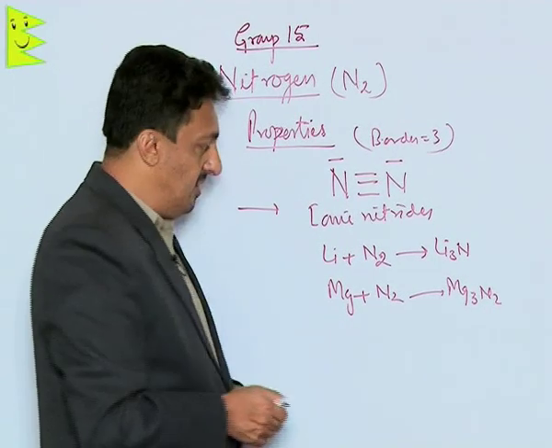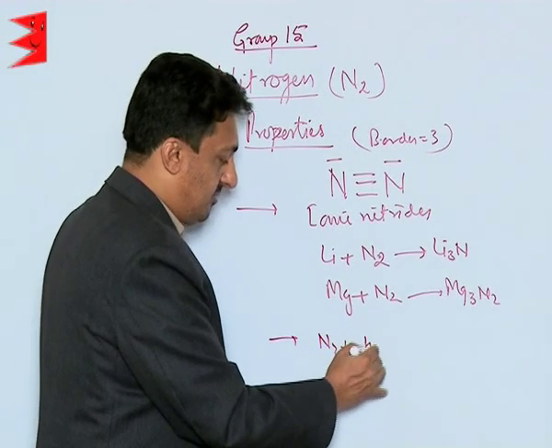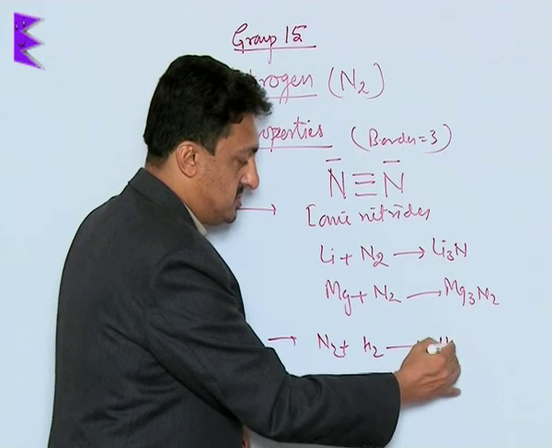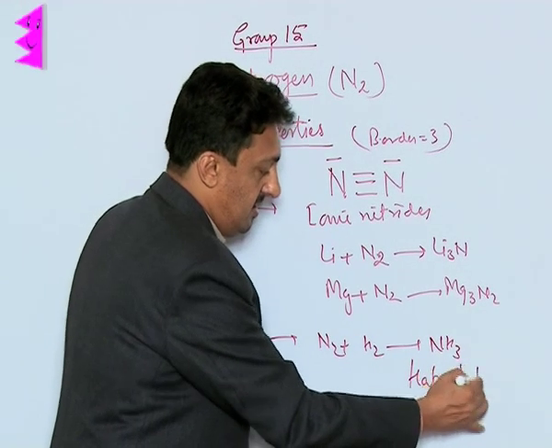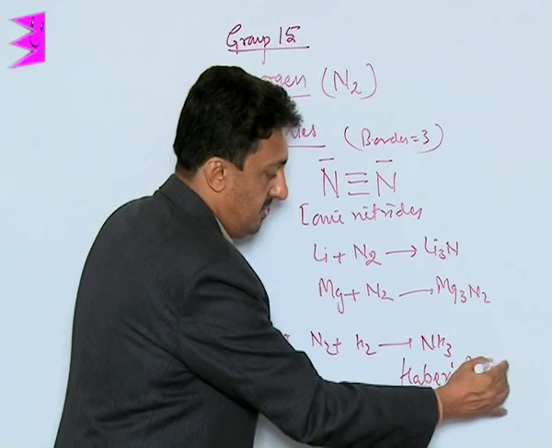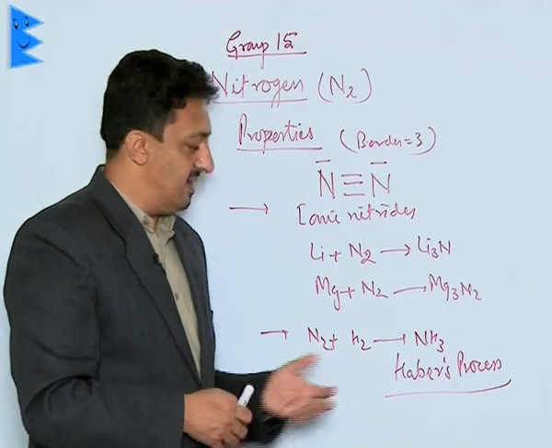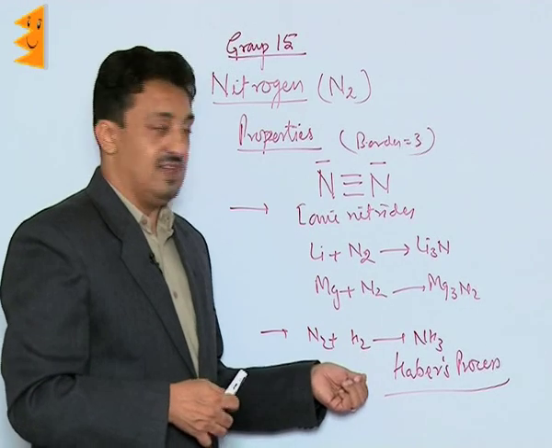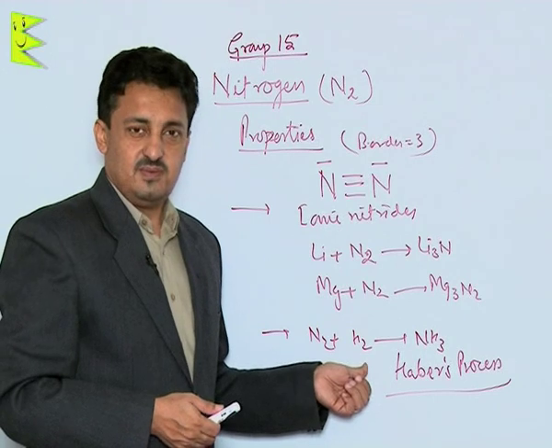Then we all know it combines with hydrogen and forms ammonia as per Haber's process, the detail of which we will be doing just after this, because we have ammonia in the syllabus.